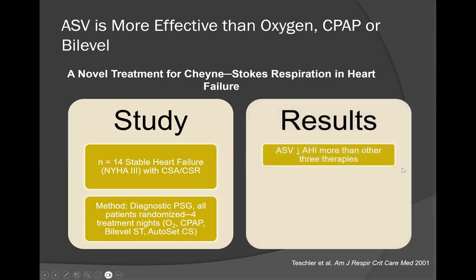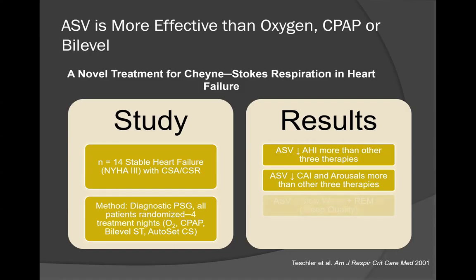All right, the result is that the ASV got the lowest AHI of all the different therapies. ASV also had the lowest central apnea index and arousals more than the other therapies. So again, we mentioned complex sleep apnea having a lot of spontaneous arousals, even if they might not exhibit an obvious apnea, they keep on having arousals.